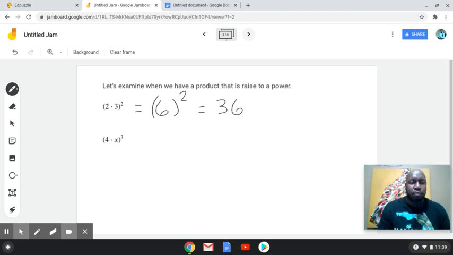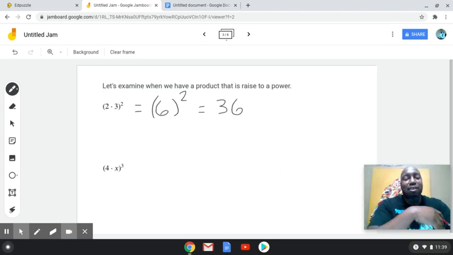Now, let's look at it a different way. Let me just move this down here. All right, so let's look at it differently. Let's say we distribute this power of 2 to both the 2 and the 3. Oh, this is just like what I did, I'm sorry, students.